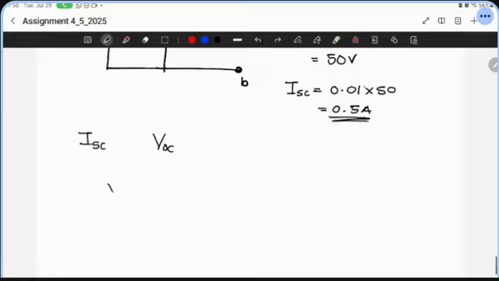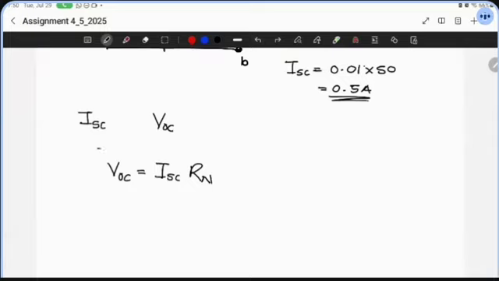The relation is Ohm's law. The open circuit voltage is equal to the short circuit current multiplied by R. Here R can be taken as R Norton. But whether you take it as R Norton or R Thevenin, it's the same thing.